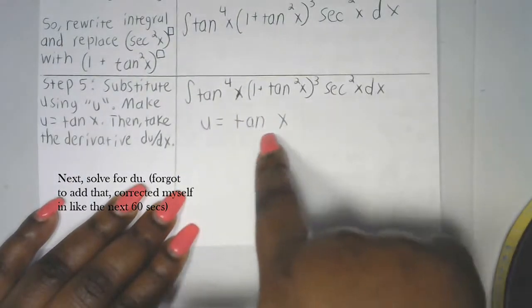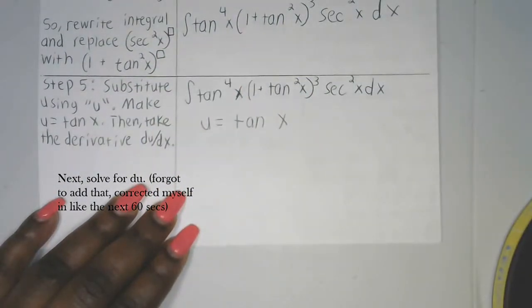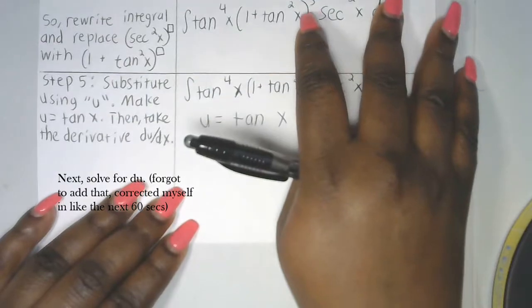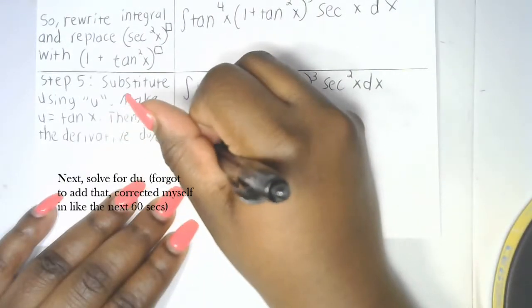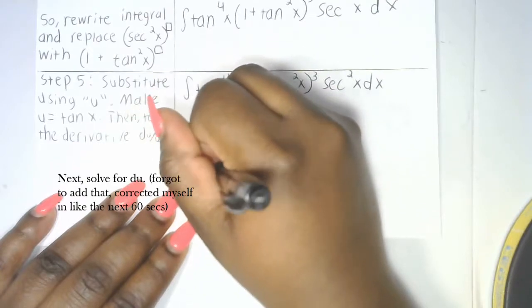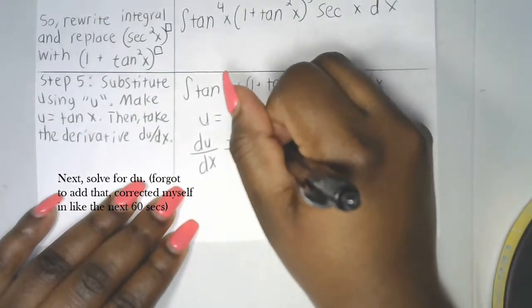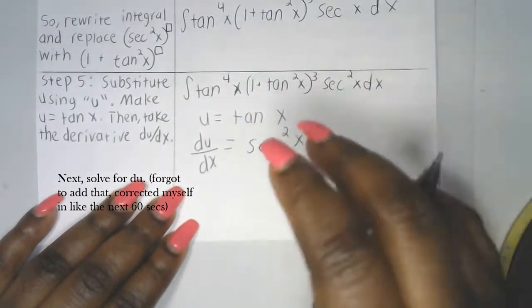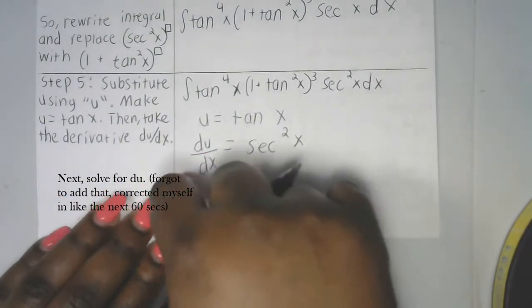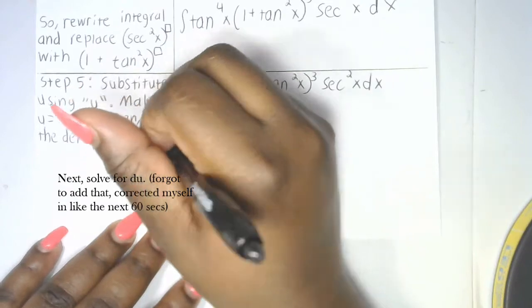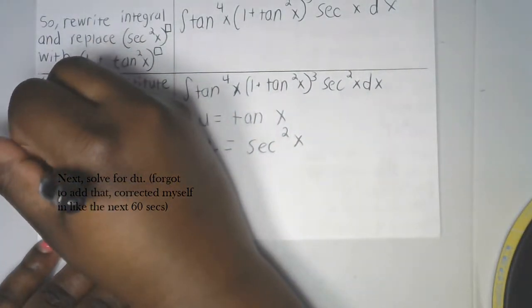Now we have to take the derivative of this. Hopefully you guys remember your trigonometric derivatives. Since u equals tan x, du over dx is equal to secant x squared. Oh, by the way, we also have to solve for du.